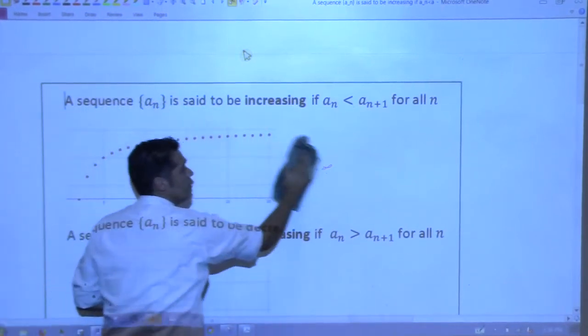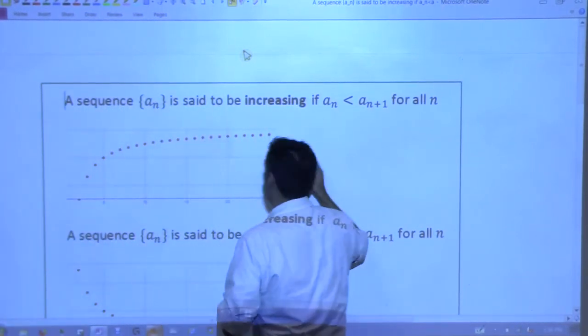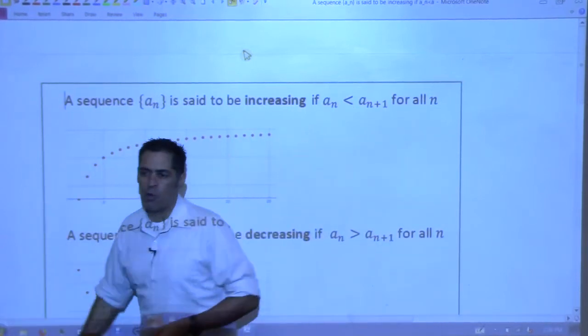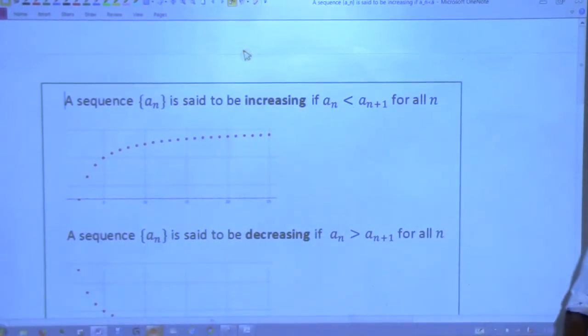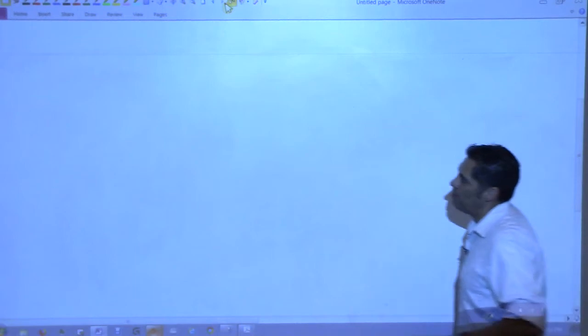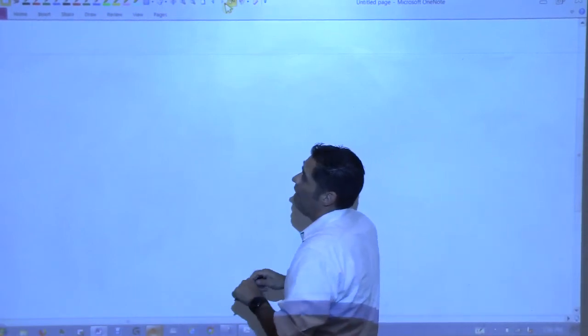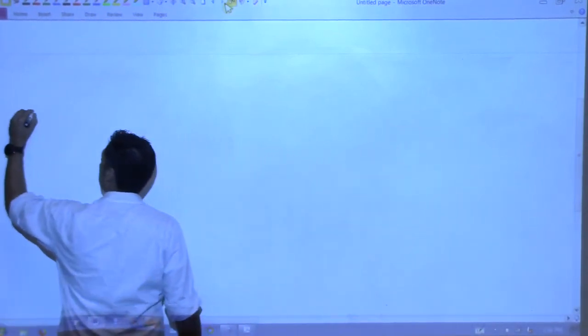I want to do another one. That sequence, n factorial over n to the n, converges to 0. I want to do another one. I'm thinking of this one. I don't even know if we can do this, okay?